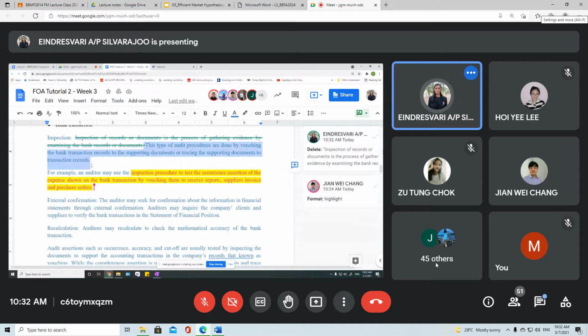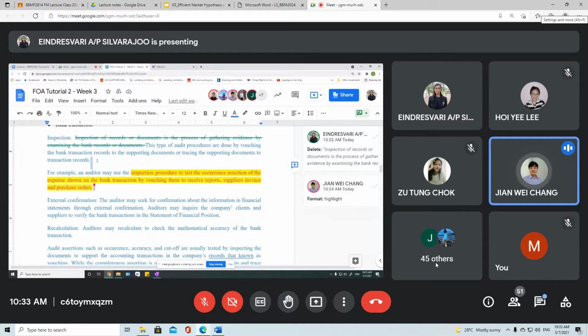Type of audit procedures are done to vouch. You see, I am asking you, give me an example of fruits which are green in color. Can you give me an example, green in color, Janway? Apple. Apple, some more? Pear is also green in color. Durian also green in color. Okay, whatever.